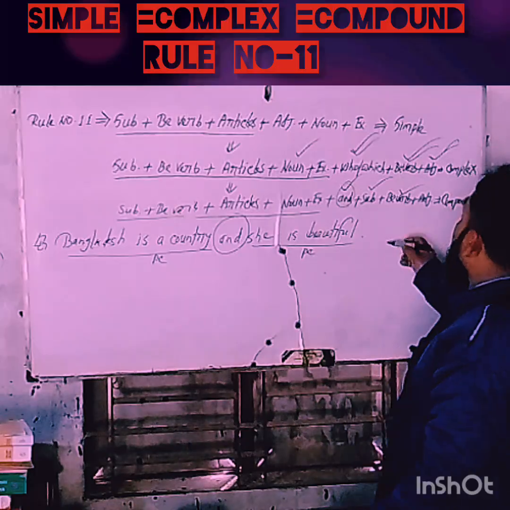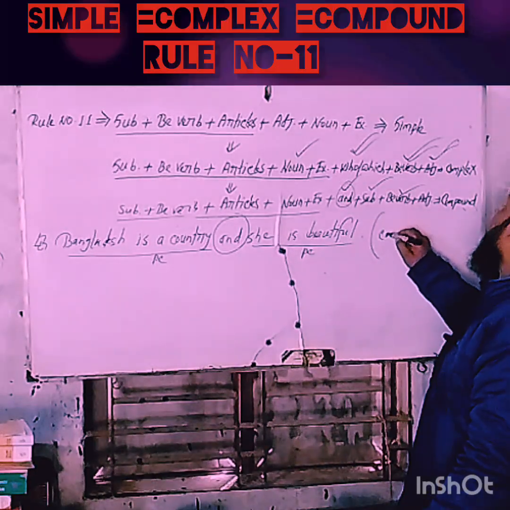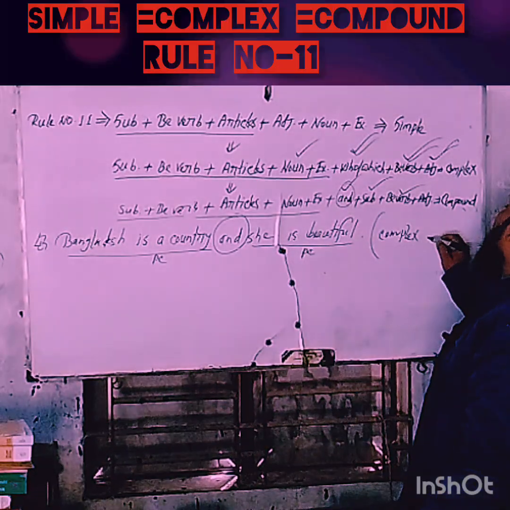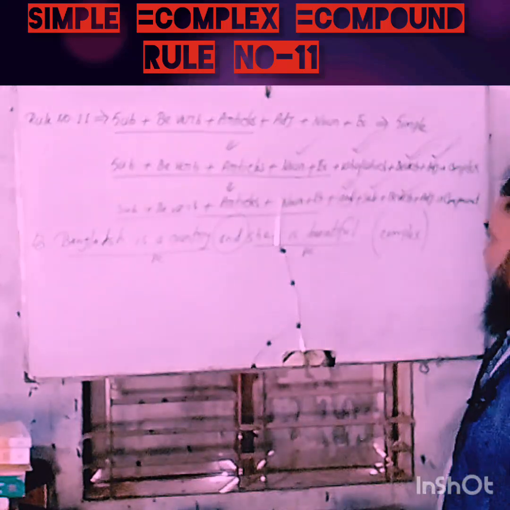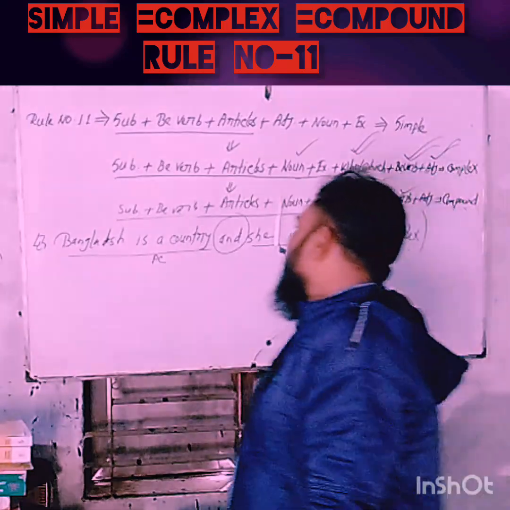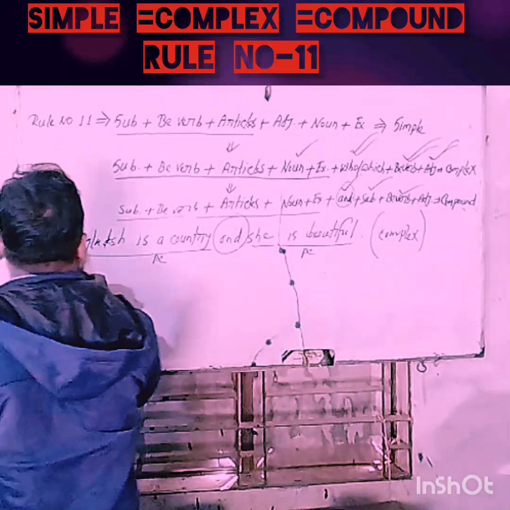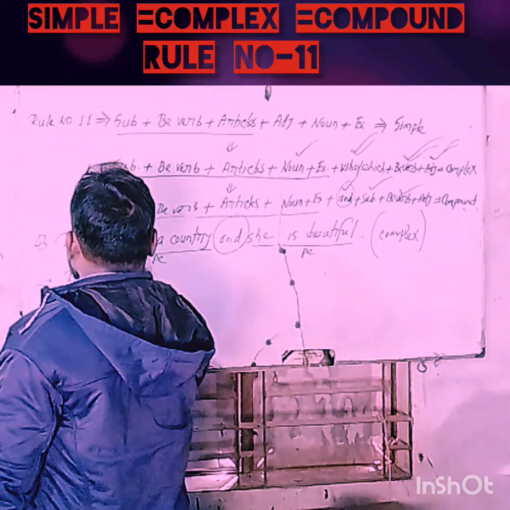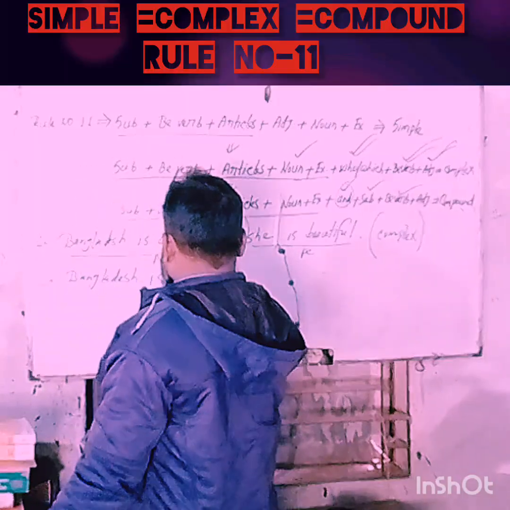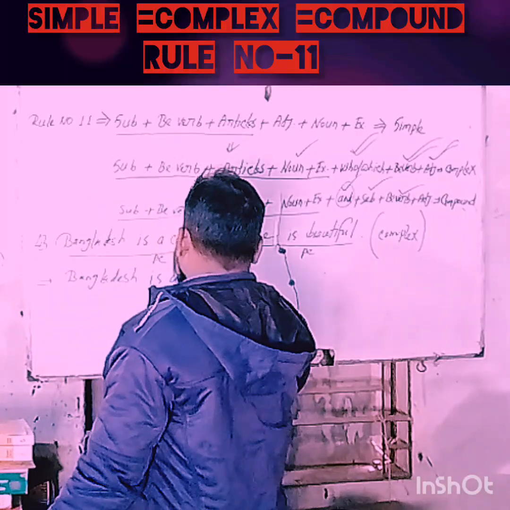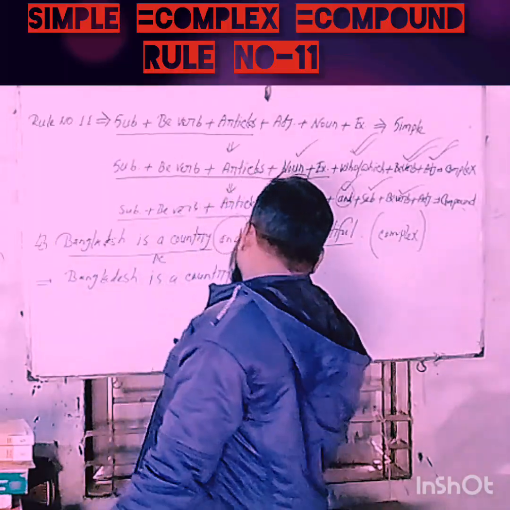Suppose you are told to change this statement into a complex sentence. So what steps should you take? Learners, in this case, you have to mind that there is a change in the first principal clause, right? First principal clause, Bangladesh is a country.